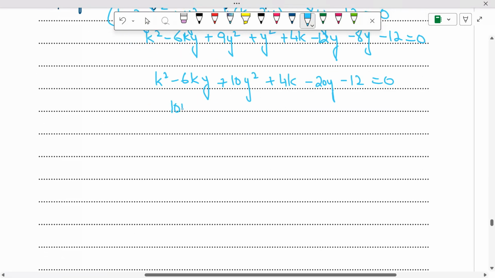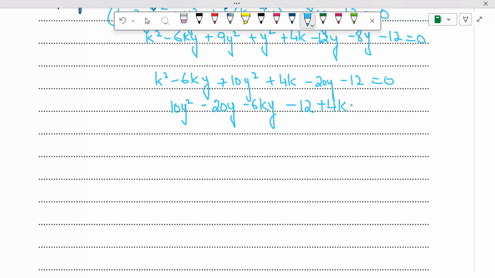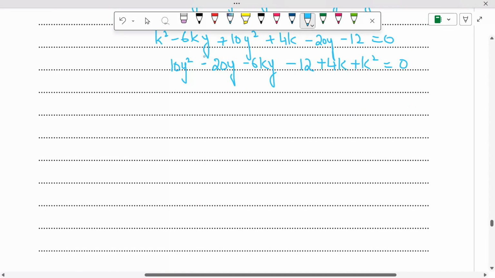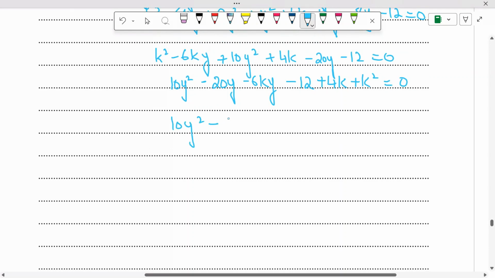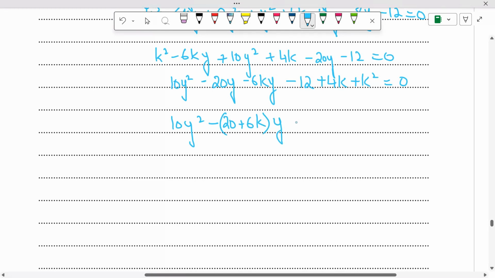So we have 10y squared minus 20y minus 6ky, and the remaining constant terms, negative 12 plus 4k plus k squared, equal to 0. This is a quadratic equation: 10y squared plus (negative 20 minus 6k) y plus k squared plus 4k minus 12 equals 0.